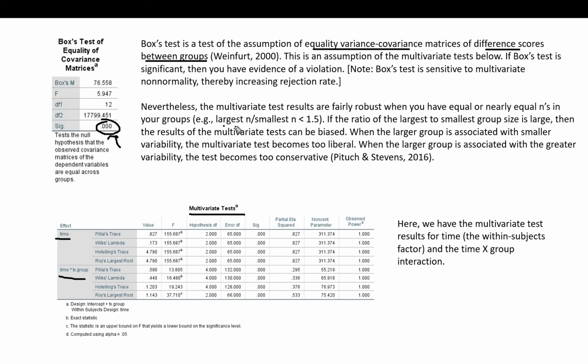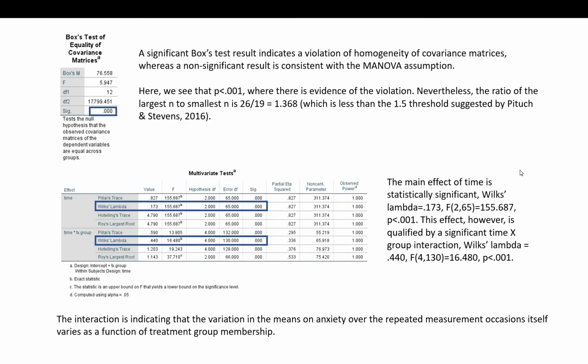So in other words, if you have a ratio of the largest n to smallest n that's less than 1.5, then the test tends to be more robust, and that actually tends to be the case in our current situation.